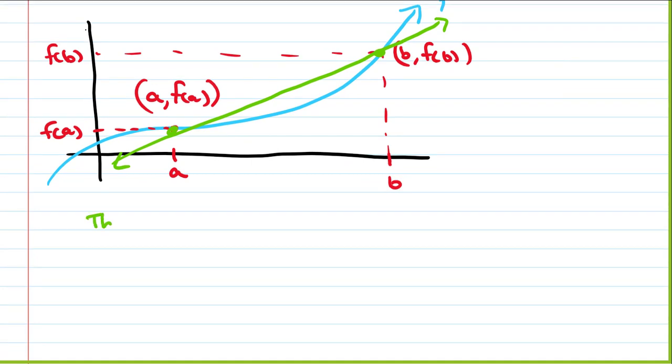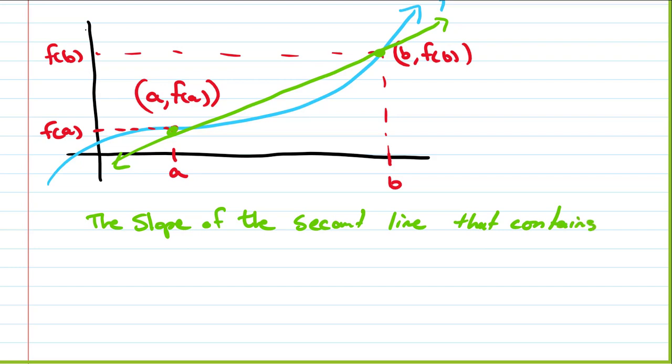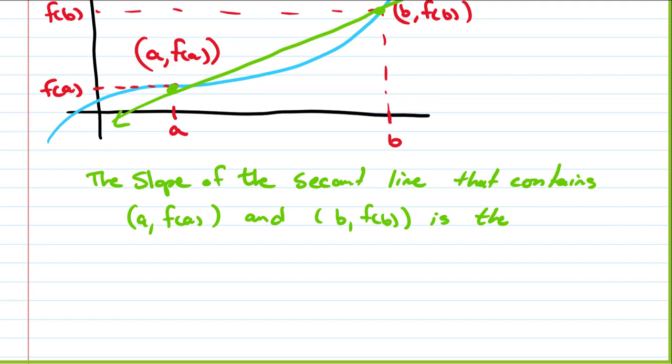So the slope of the secant line that contains (a, f of a) and (b, f of b) is the average rate of change of f on the interval [a, b].